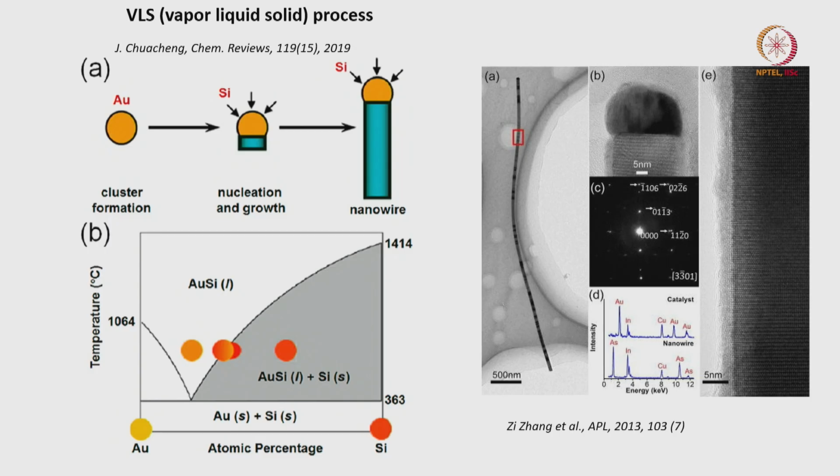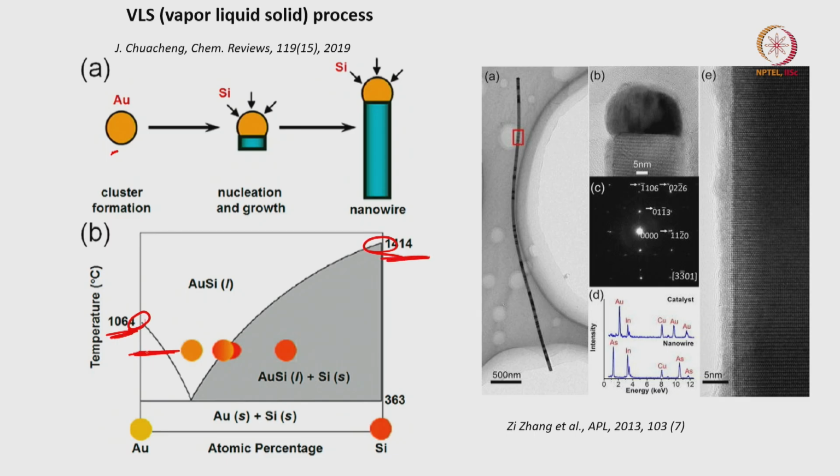Alright, so first I have gold, right, and I am doing this at this temperature. You can see this temperature is less than the melting point of gold, and less than the melting point of silicon, right. Gold has a melting point of 1064 degrees Celsius, silicon has a melting point of 1414 degrees Celsius.